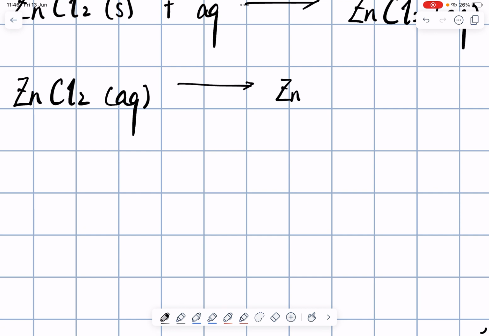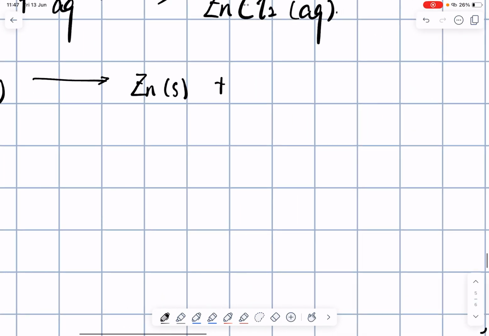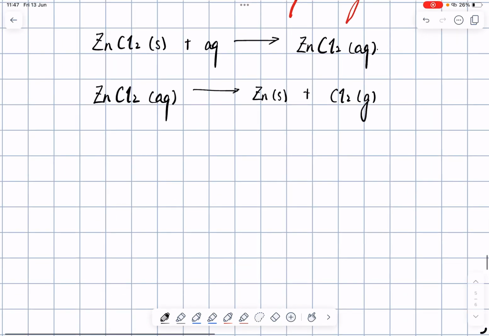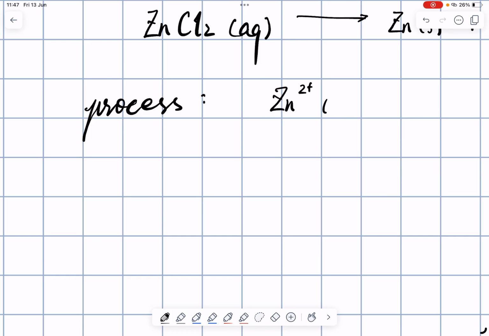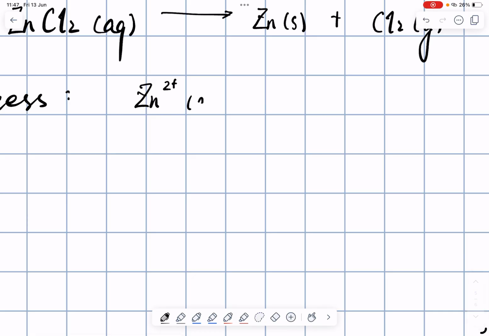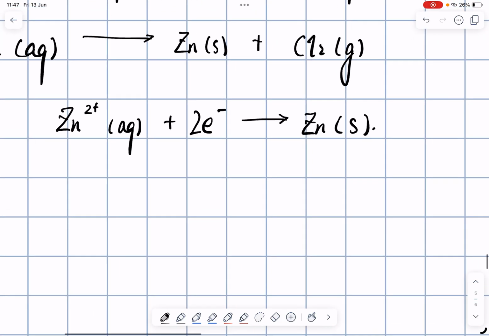The net effect of electrolysis of zinc chloride is we form solid zinc and gaseous chlorine as our product. But what's the process? The process is zinc 2 plus cation in aqueous solution gains 2 electrons, so it forms zinc in solid state.